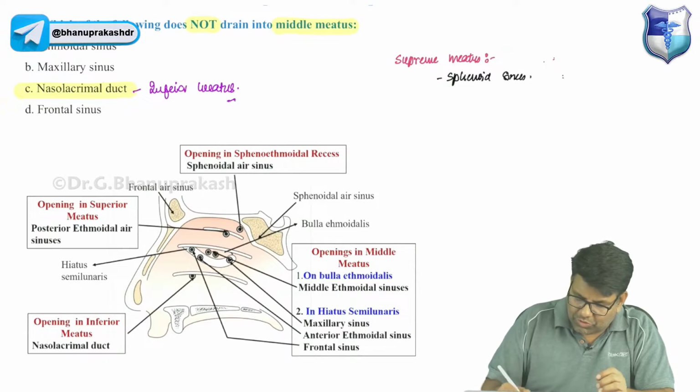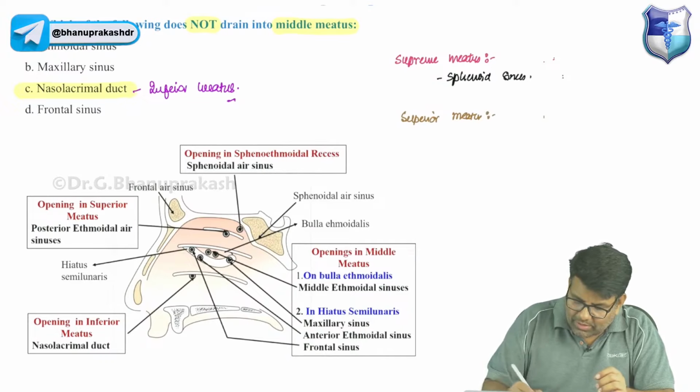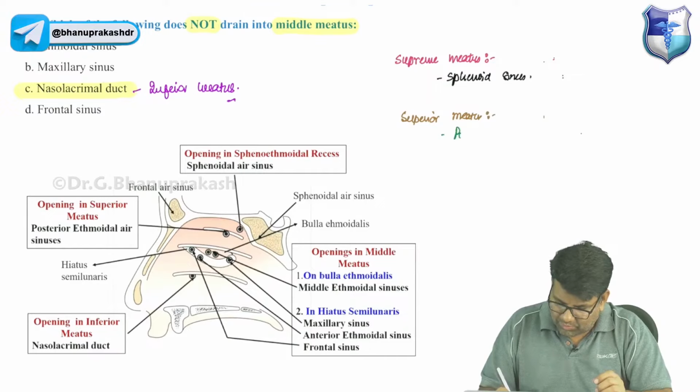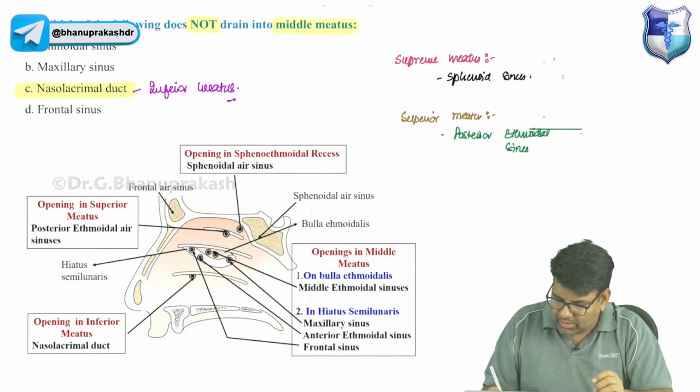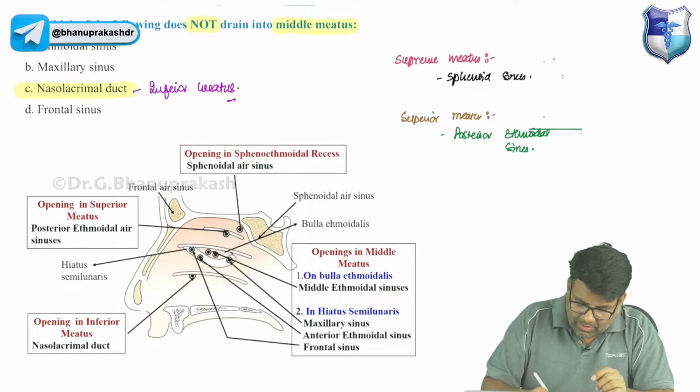And the second one which you should remember is the superior meatus. And what opens in the superior meatus? The posterior ethmoidal sinus. And the third one which you should remember is the inferior meatus.